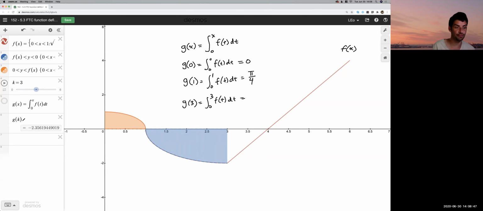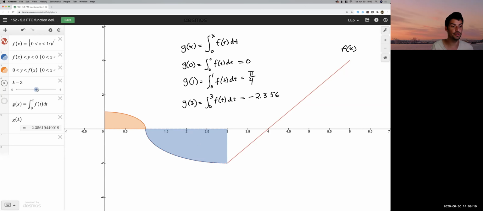We can see g of k, whatever my input is, and that was negative 2.356, let's say, rounded. Notice what happened. We started out with this pi over 4 area, about 0.7 something, and then we started getting negative areas. In this case, the negative area is more than the positive area, and so we end up with an overall negative area.